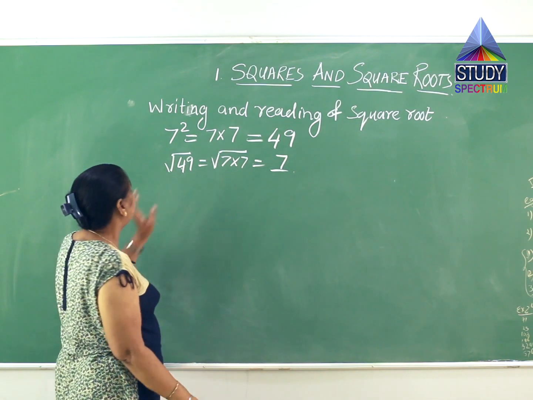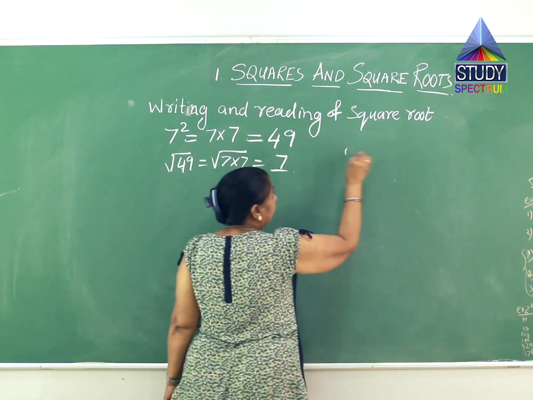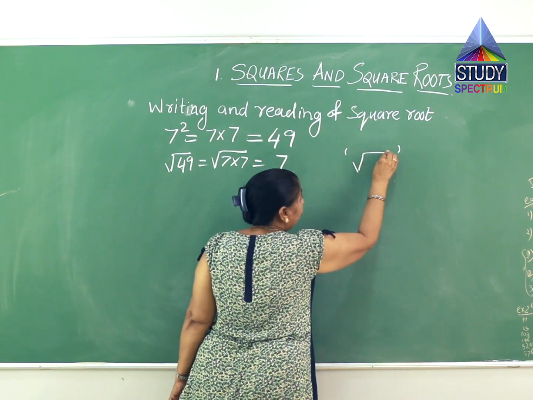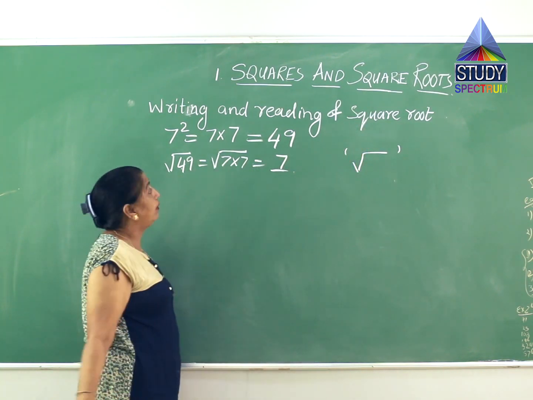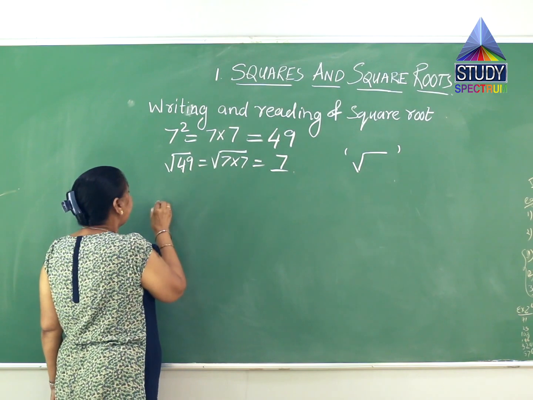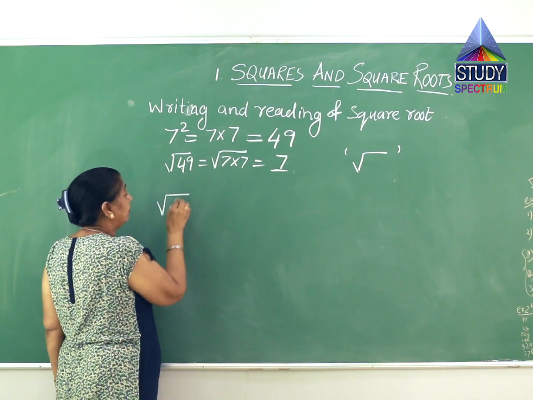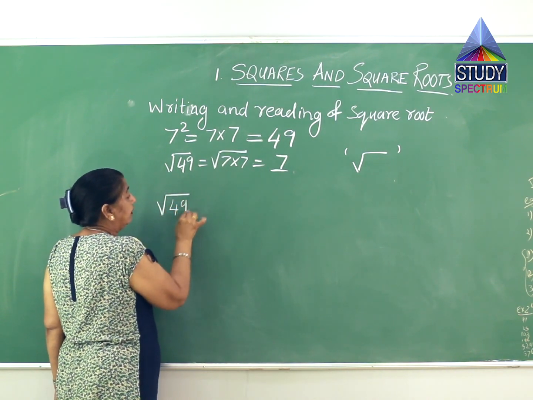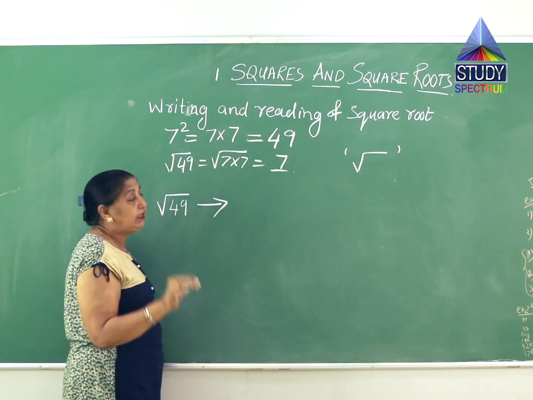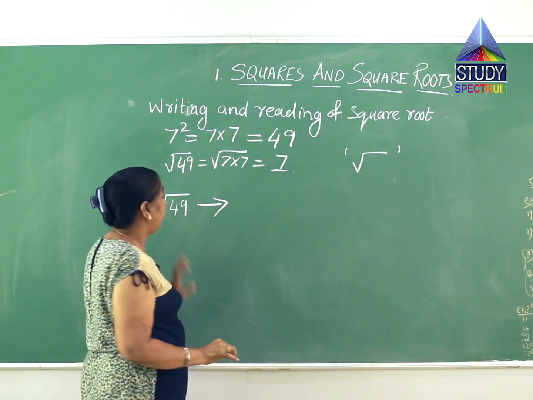This root sign is used to find the square root, and if it is just the root sign of 49, it means the positive square root of 49.